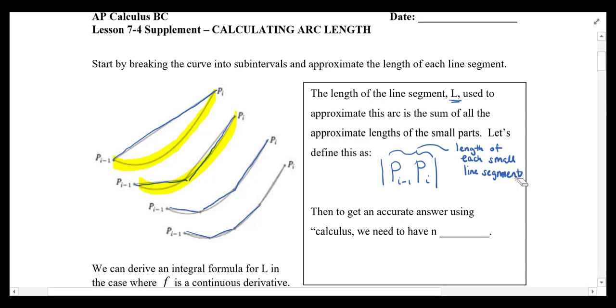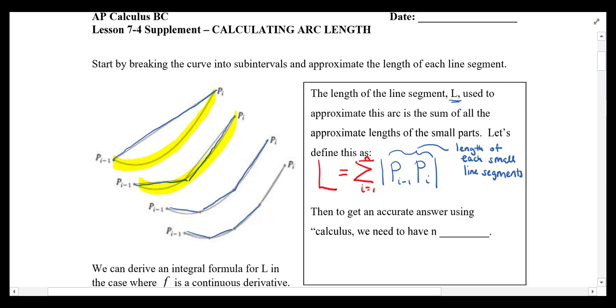And I said we have to take each of those lengths, and then what do we do? We add them all up. So I'm going to sum up all of the lengths from i equals 1 to n. And then that would be called the arc length, or the length of the line segments.